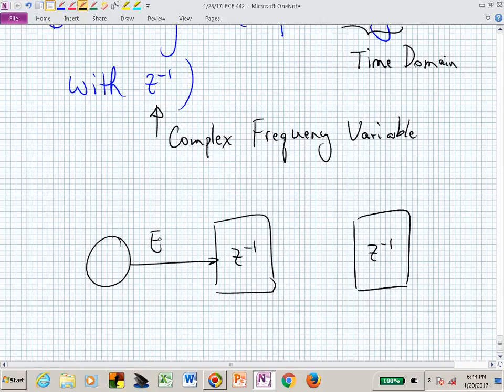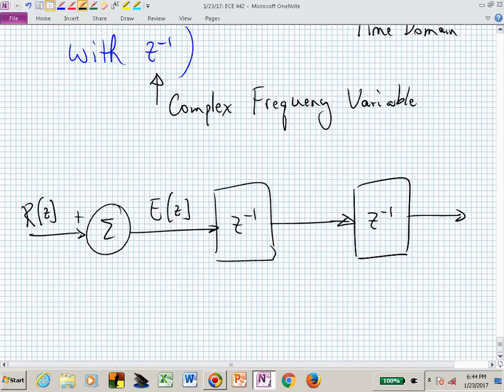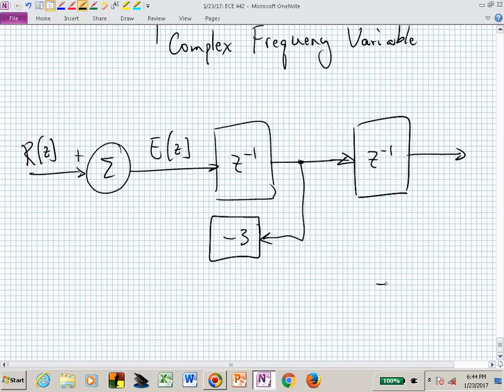We could say here is our error signal in the frequency domain. Here is our reference, R of z, but now all of the other pieces are the same. We have a minus 3, and we have a minus 2.